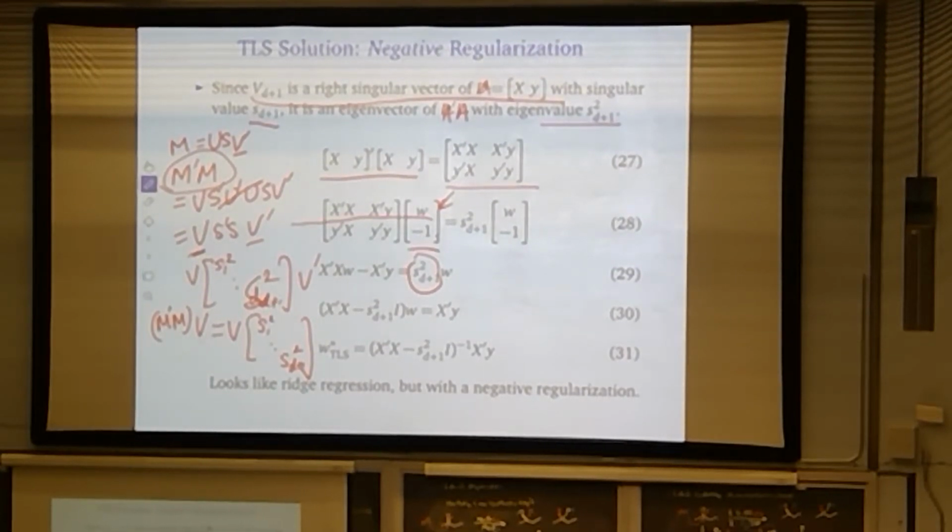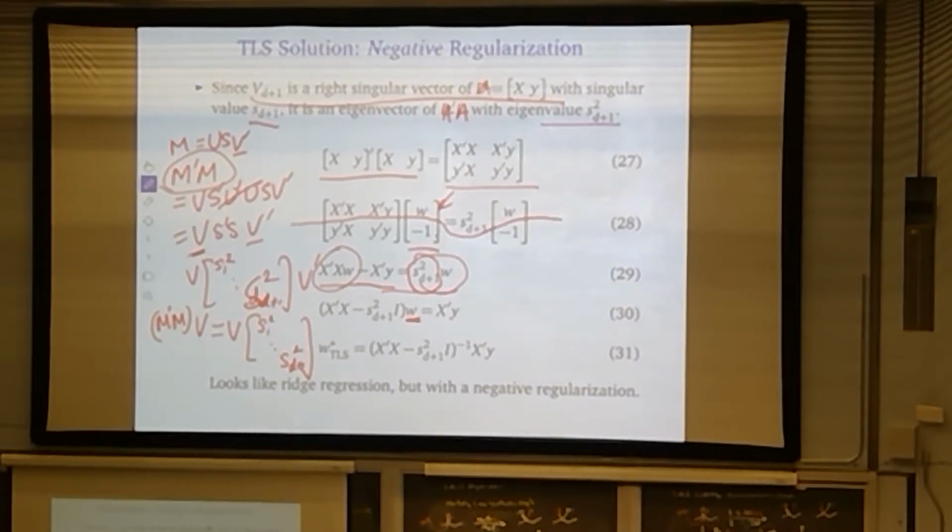If we look at the first equation, we have X transpose X W minus X transpose Y equals SD plus 1 squared times W. You move this right side, you collect the terms with respect to W, and it's this term and this term.